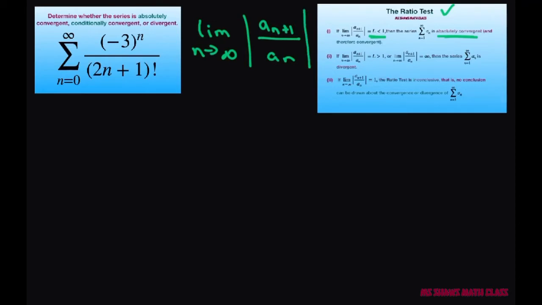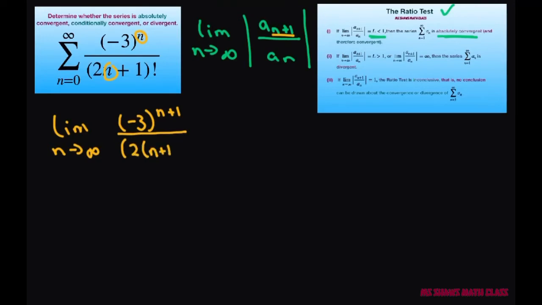So what we're going to do is take the limit as n approaches infinity, and then for a sub n plus 1, you just put n plus 1. So this is going to be negative 3 to the power of n plus 1 divided by 2 times n plus 1 plus 1, factorial. Then we divide by a sub n.